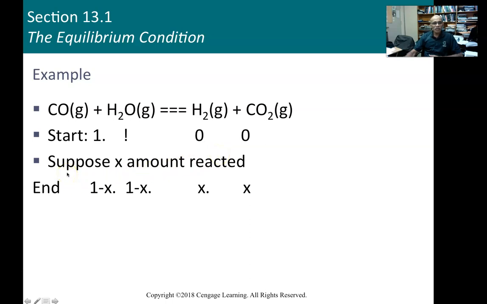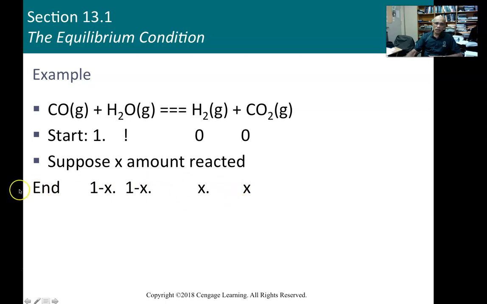Now, suppose that you leave the reaction and it goes for some time, and it comes to a stop. You would expect this relationship. At the end, you have X amount that has reacted from CO and X amount has reacted from H2O, and therefore, using the stoichiometry, the same amount, X, of hydrogen is formed and X of carbon dioxide is also formed.